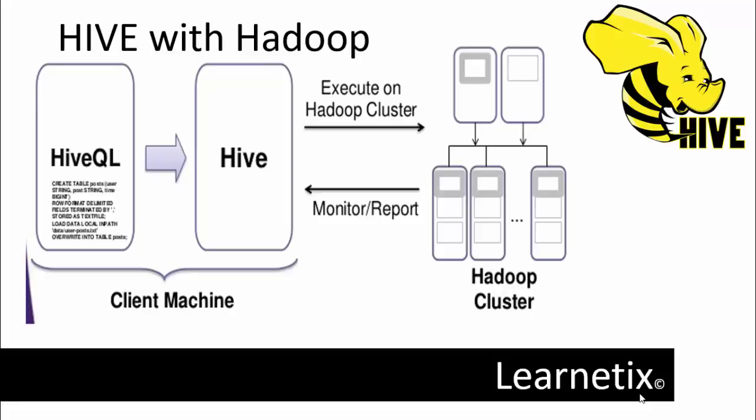We can also use a MySQL database here. Suppose this is my Hadoop cluster. On top of that we use Hive, which is used to execute on the Hadoop cluster as well as to monitor and report from the Hadoop cluster. Hive always works on the client machine.